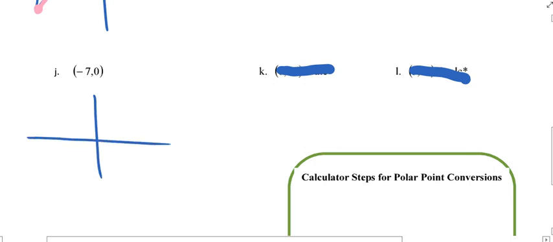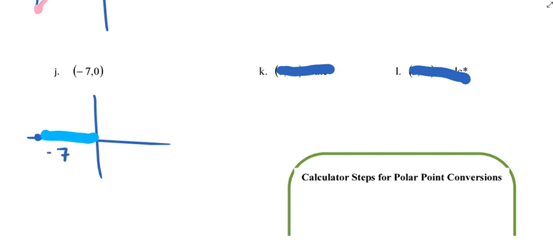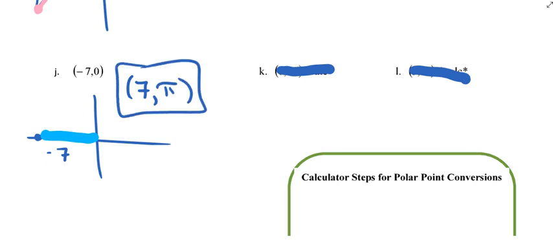So negative 7 comma 0 is going to lie here on the negative x-axis. And again, if I'm thinking about converting to polar, the length of that segment there is 7, making the radius 7, and the angle measure pi, or one of its other 3 equivalent points.